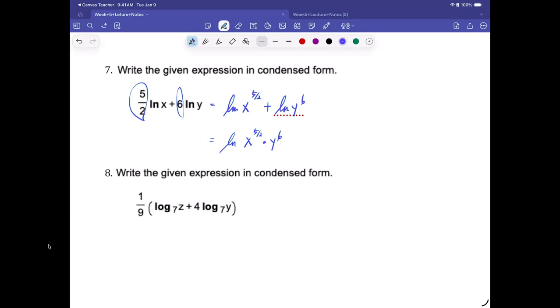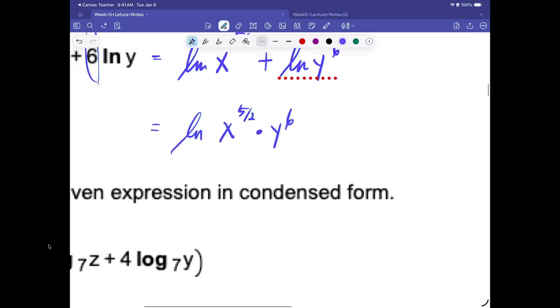But we can play with this 5/2. Can you see that? 5/2 means what? Like I said, exponent divided by what? Index. So this is the square root of x to the fifth.